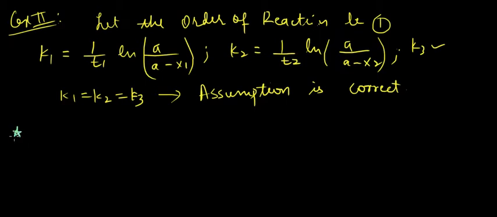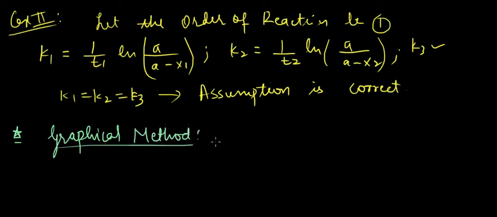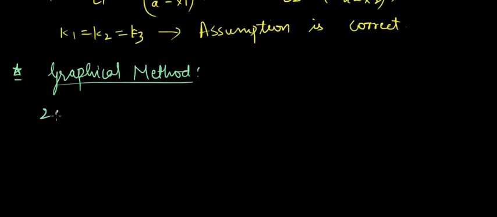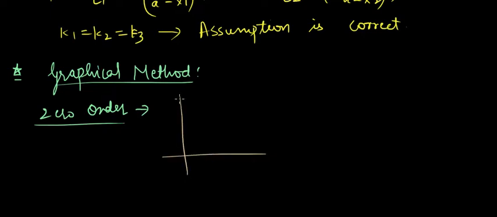Next we have the graphical method for finding the order of a reaction. For a zero order reaction we would have a graph something like this between x and t, where x is the concentration of the reactant that has dissociated, or the concentration of the product which has been produced after some time t.